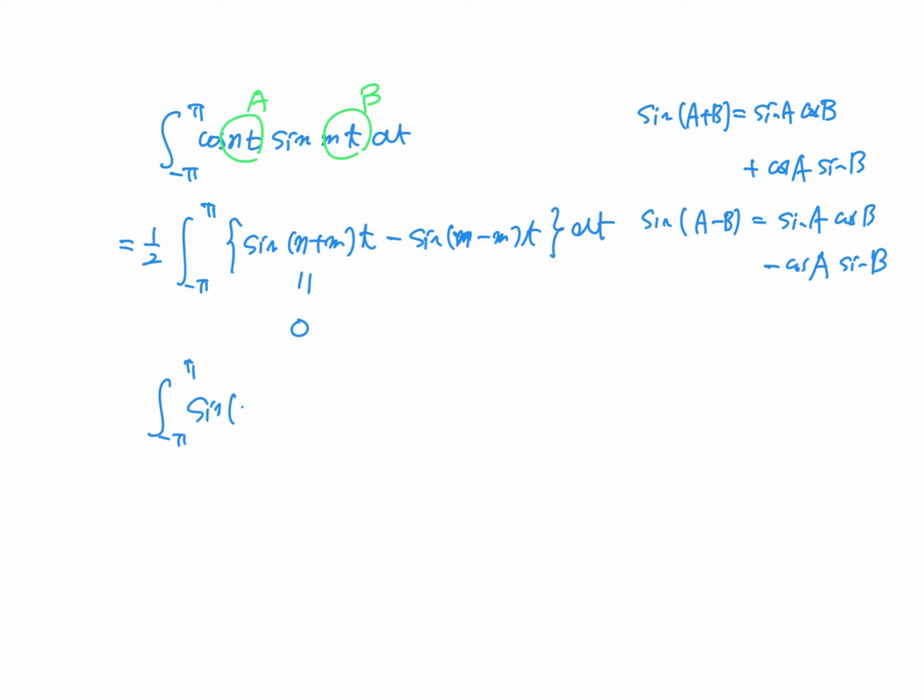But we have to be careful because n and m are different. When n and m are different, you integrate the sine from minus pi to pi with an integer, you get 0, right?